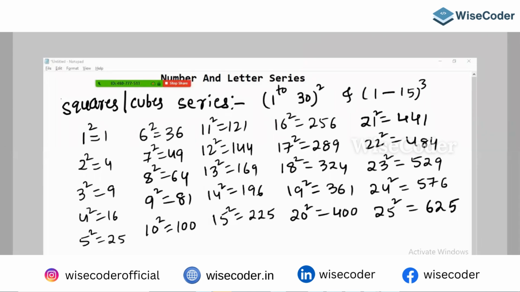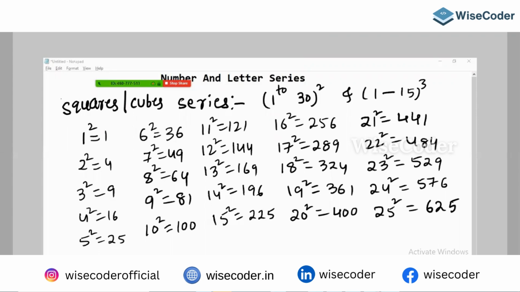So these are the squares up to 25. Once you're done with these squares, please pause the video and try to write all squares up to 25.